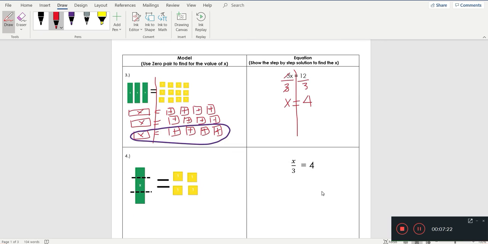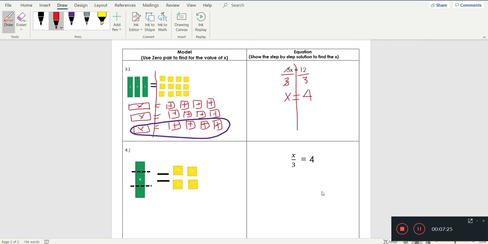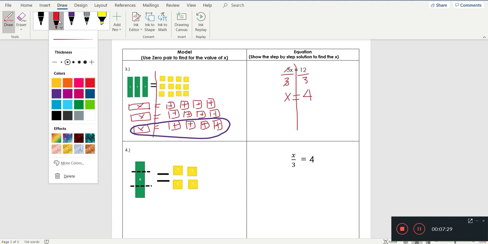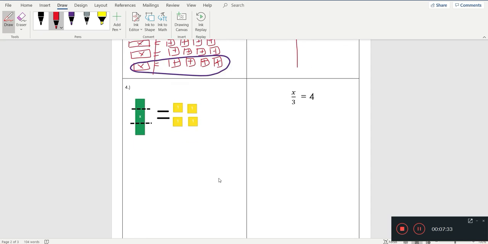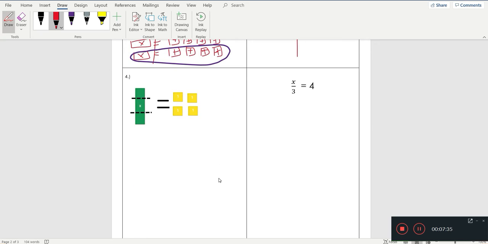Okay, next. Here now, we have the next example. As you can see, the x is divided into 3. So we have now x over 3 equals to 4.